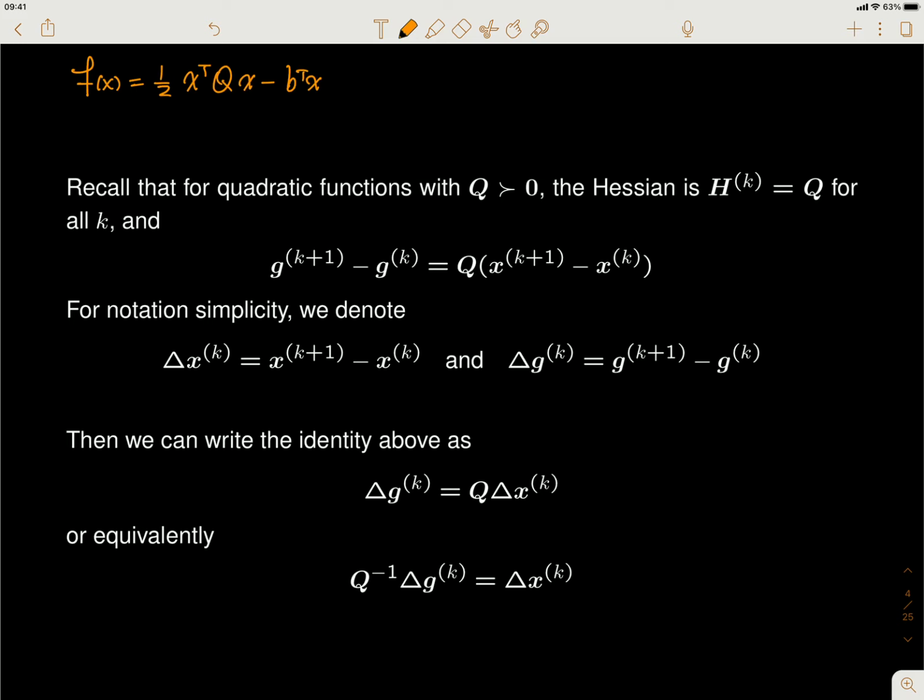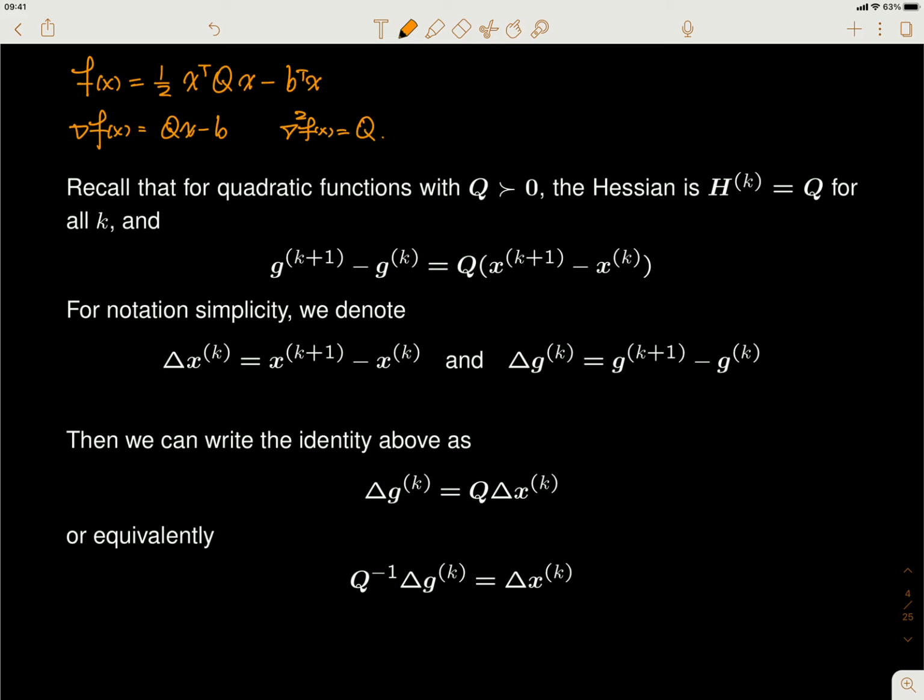For this type of function, we know the gradient is Qx minus b, and the Hessian is just the Q matrix.